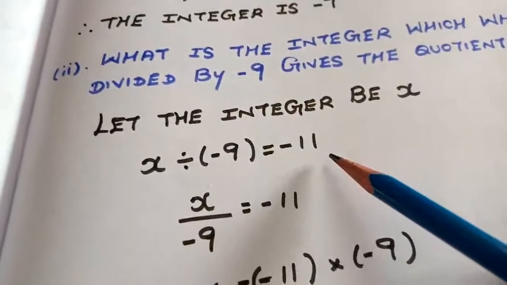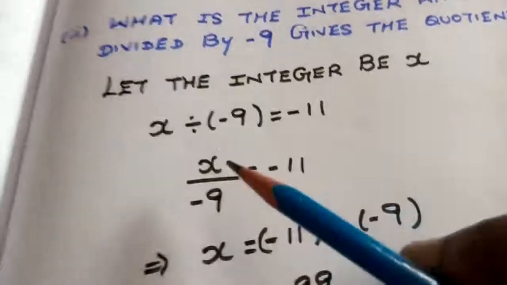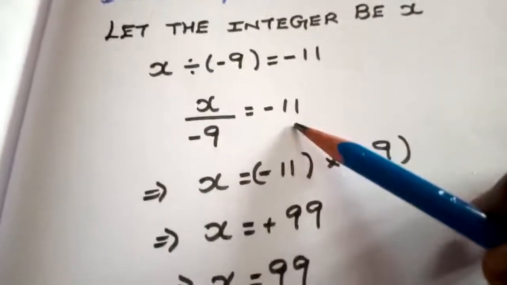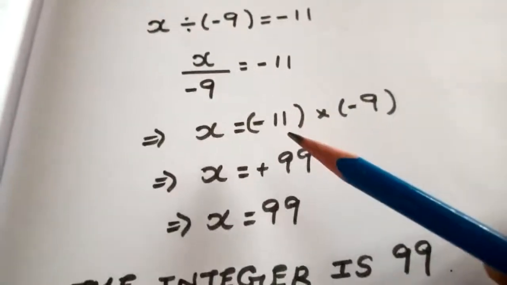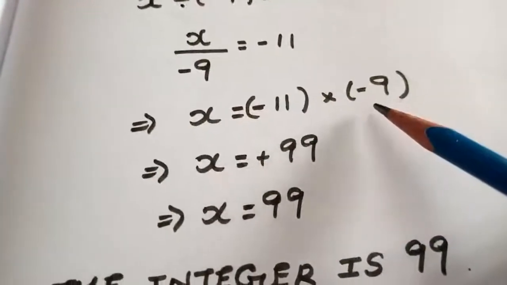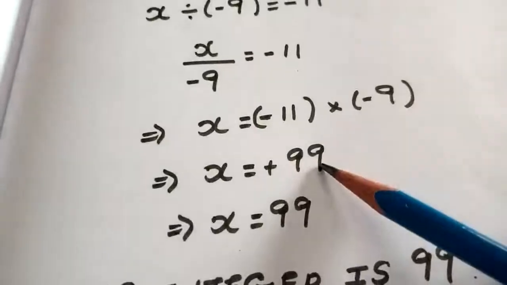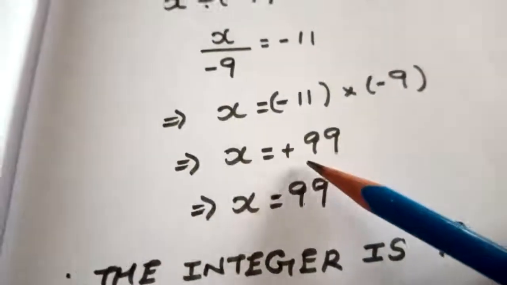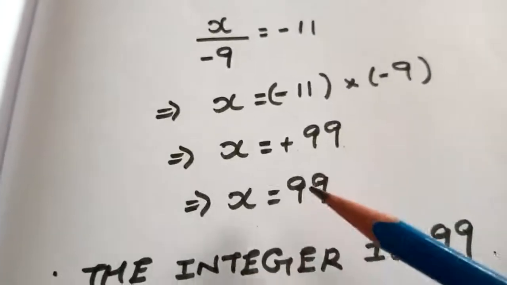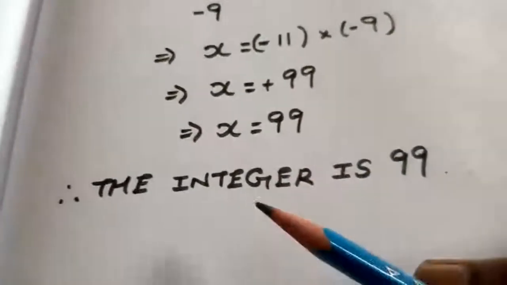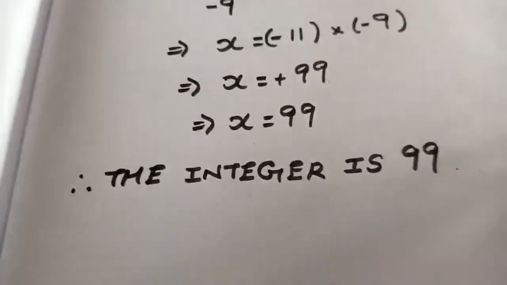But still I don't know what is the value for that integer. So write in division form, cross multiply the term. After cross multiplying, I am going to write in this way, minus 11 into minus 9, minus into minus plus, 11 nines are 99, x is equal to plus 99, which can also be written as x is equal to 99. Therefore, the integer is 99.